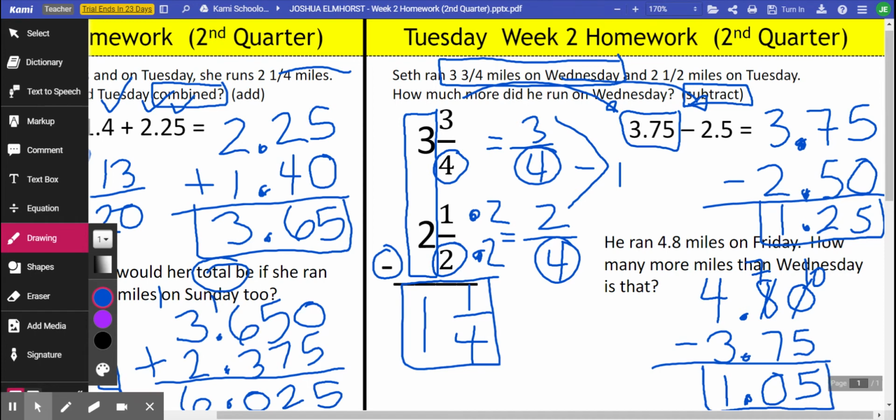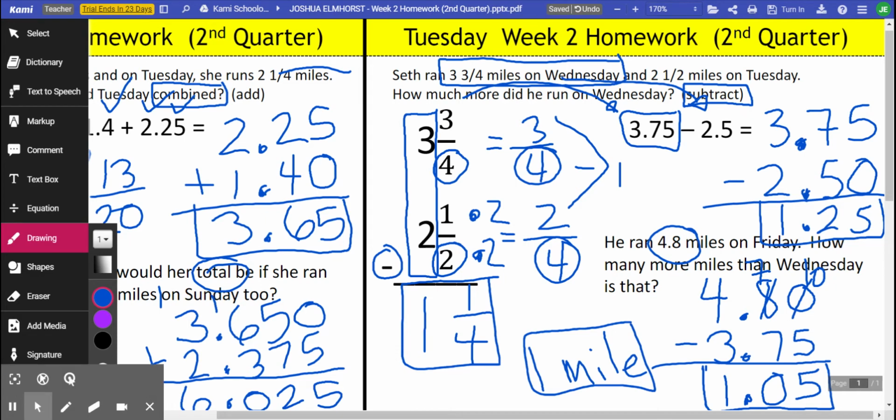So it looks like on Friday, Seth ran just over 1 mile more. So just 1.05. So he ran 1 mile more on Friday than he did on Wednesday.